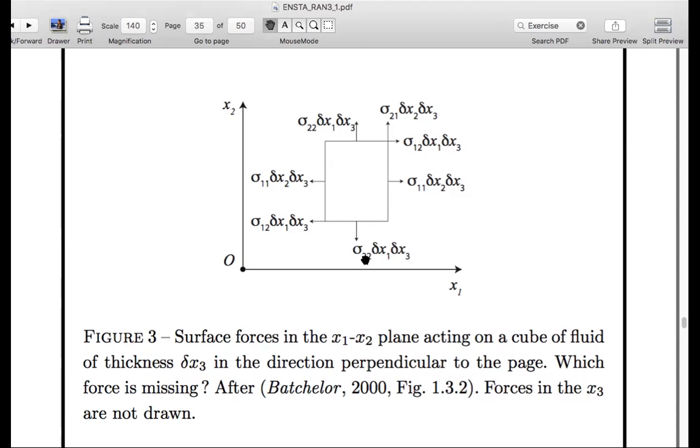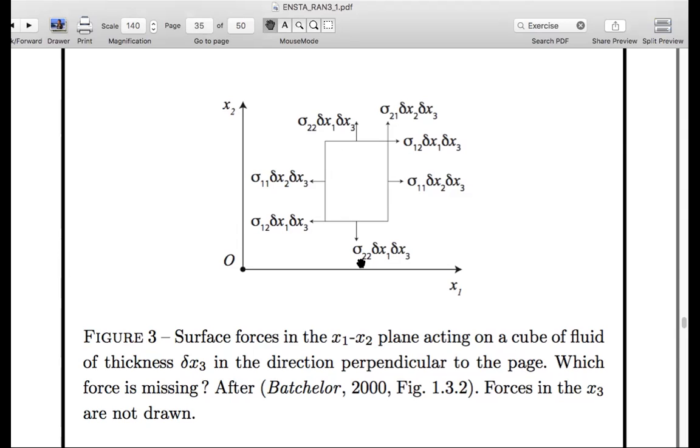So that was my justification for the force being in the minus x2 direction when the normal is in that minus x2 direction. And how that works out is that this force has the same form as the expression up there.